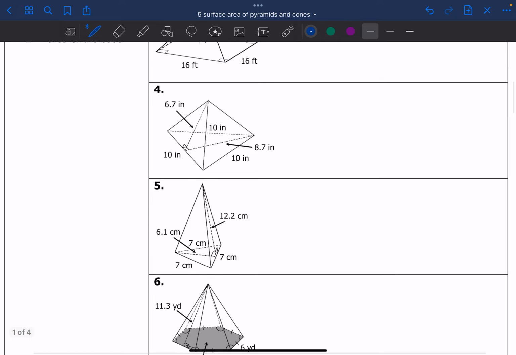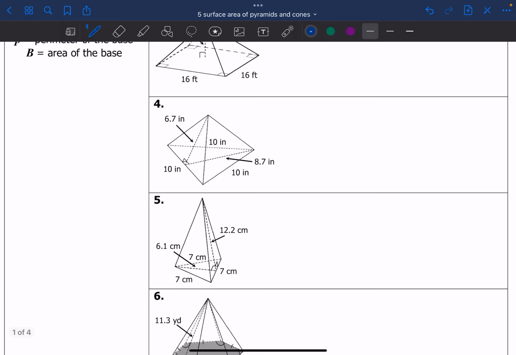Okay, so starting with number 4, the base is not a square anymore. This time, it is a triangle. So let me highlight it so we can see it better. That's the base of our pyramid. Okay, and then we need to find our slant height.